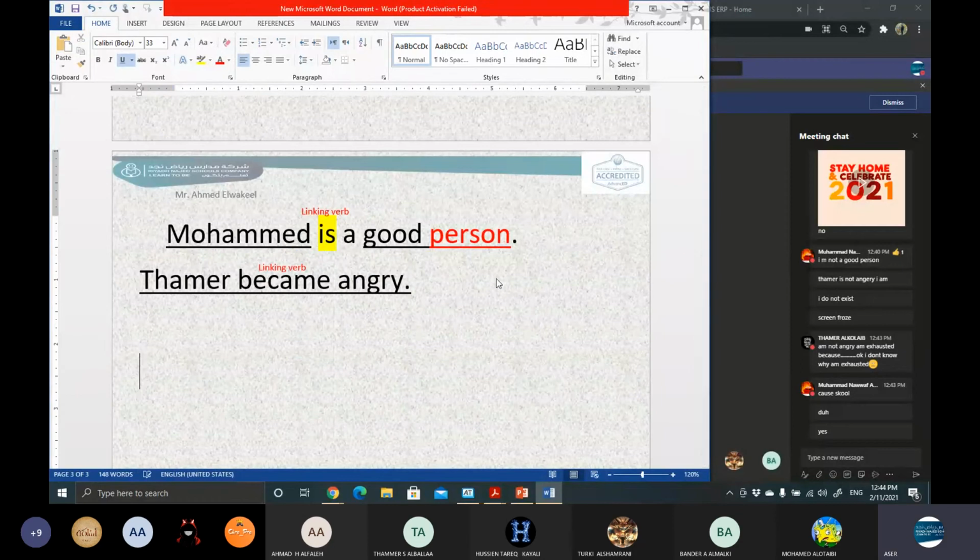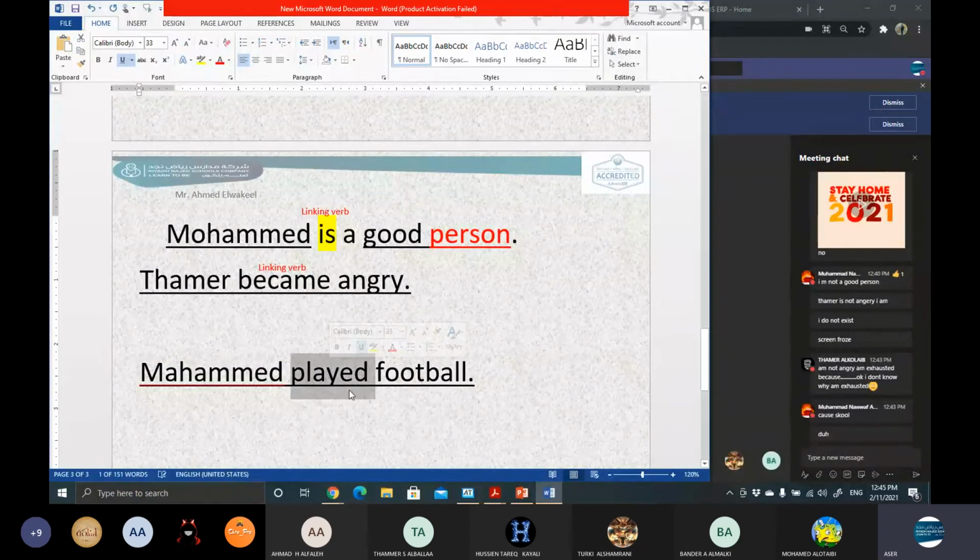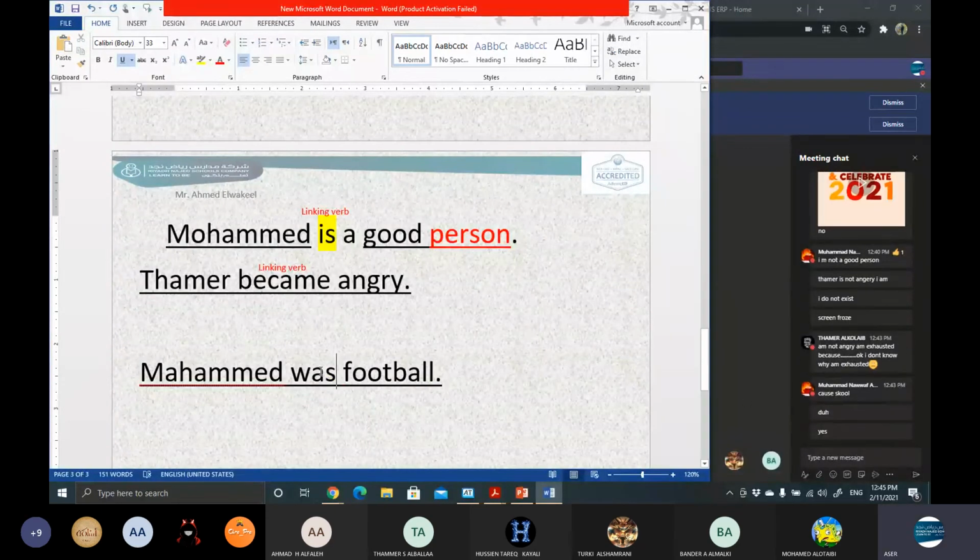On the other hand, when I say, for example, Muhammad played football, here I have the verb played. When I say Muhammad was football, the sentence here makes sense.